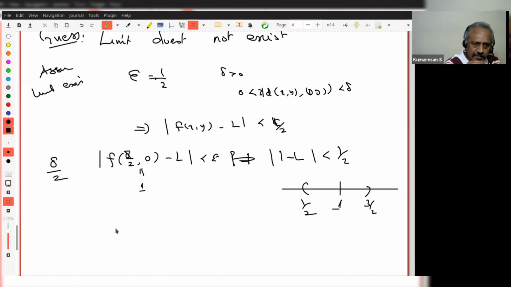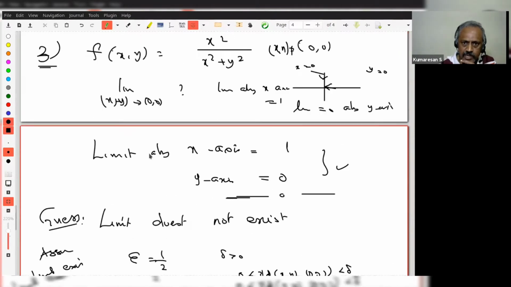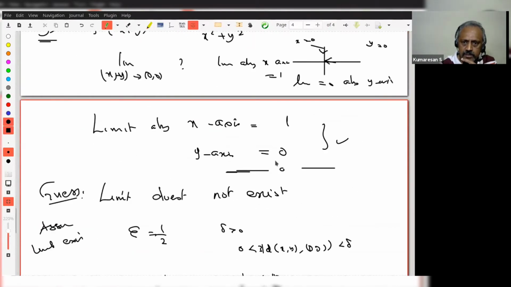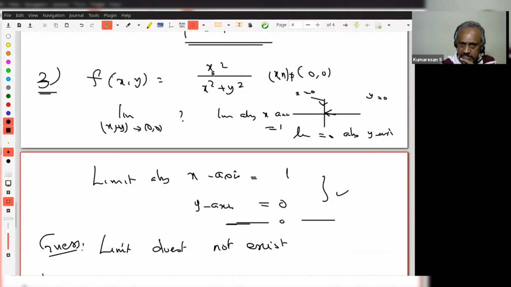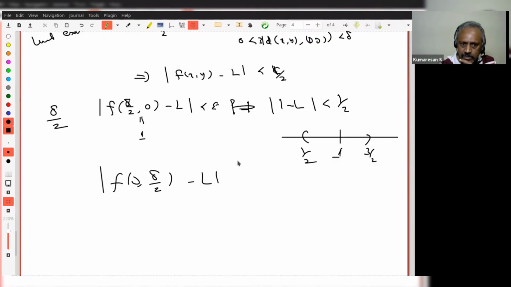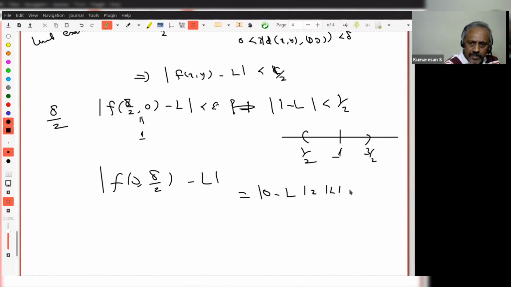And similarly, if I look at f(0, delta by 2) minus L, now remember (0, delta by 2) is a point on the y-axis. On the y-axis, we have found x is 0, therefore f of any point on the y-axis is always 0. Therefore, this means |0 minus L|, that is |L|, should be less than half. You understand that? That means my L should lie between minus half and plus half.